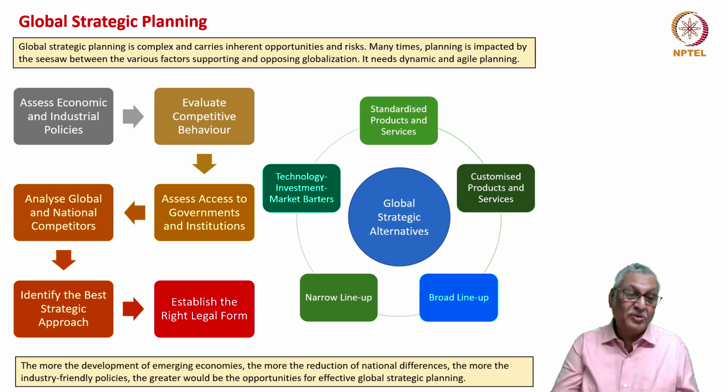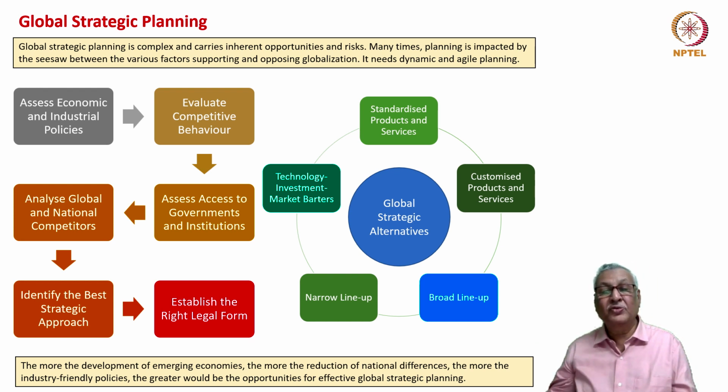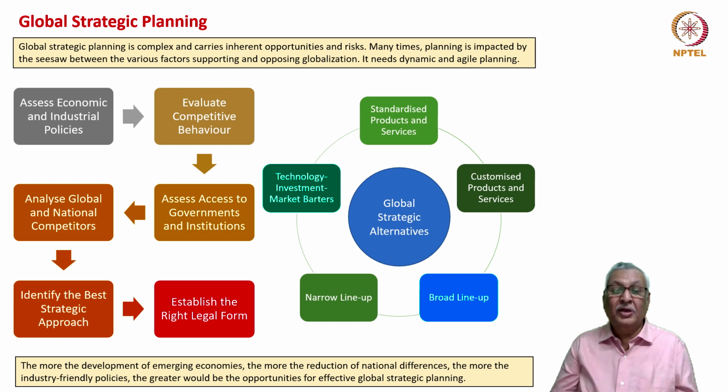And there could also be progression from a simple arrangement of partnering to a final arrangement of joint venture or wholly owned subsidiary. The alternatives we have in considering global strategic planning are standardized products and services vis-a-vis customized products and services, broad lineup vis-a-vis narrow lineup, and those technology investment and market barters that define these choices.